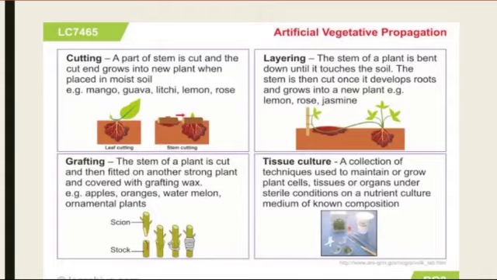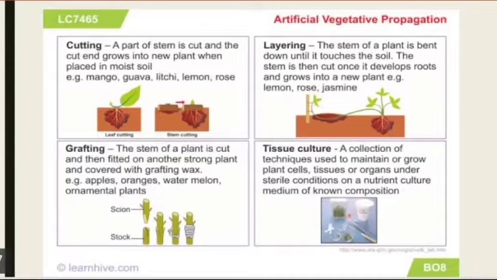Once the roots are developed in the covered part, we will be cutting both ends of the stem and that plant part is able to grow as a new plant. Layering is of two types. I will be showing the different kinds of layering in the next slide.